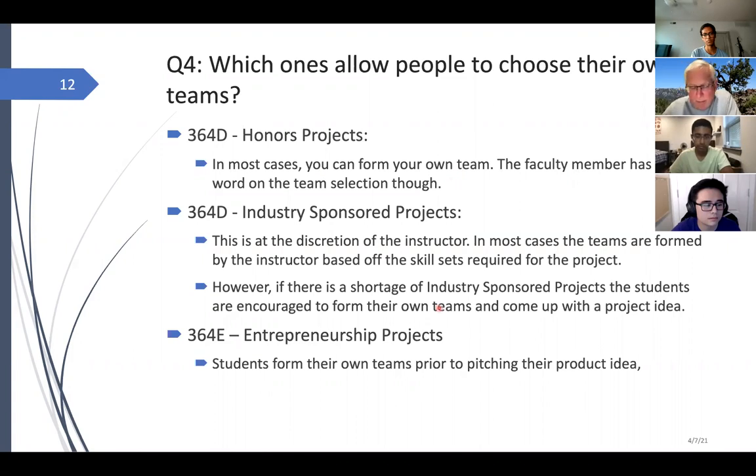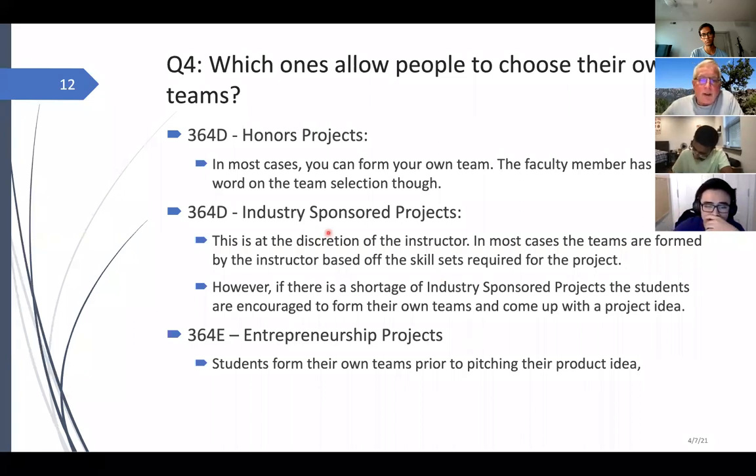But what I encourage you to do is to waltz into whoever faculty member has an honors project you want to do with an intact team and say, hey, we meet the criteria to be an honors project and we've all worked together and we have this skill set, that skill set, and we can go do just about anything you need. And then you work it out with a faculty member.